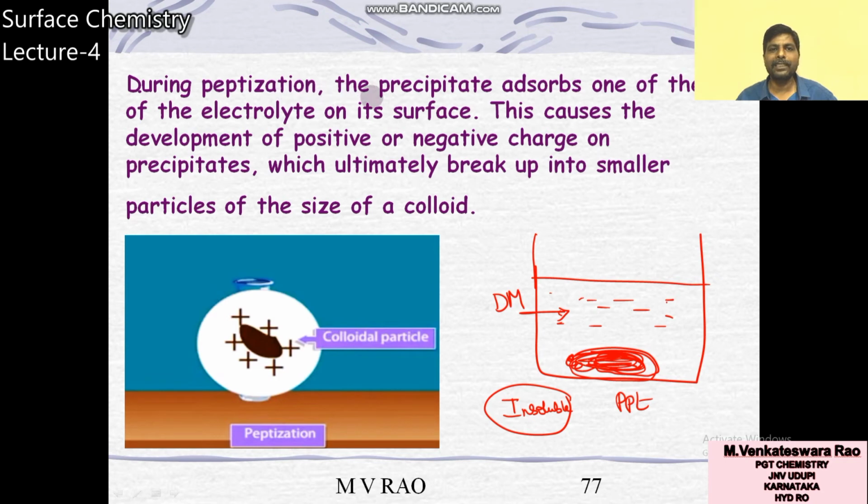During peptization, the precipitate adsorbs one of the ions of the electrolyte on its surface. For this you are adding some electrolyte, A plus B minus. So this precipitate adsorbs either A or B. Because of this adsorption of ions, the precipitate adsorbs one of the ions, say the positive ion.